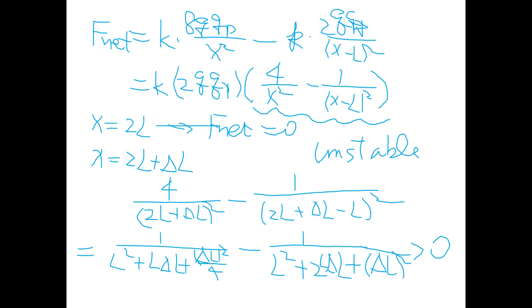It means that if a point is placed here perfectly, you will have a 0 net force, then you will not move according to Newton's law of motion. But if it is moved a little bit to 2L plus delta L, then the force will be positive. Then it will go away soon.